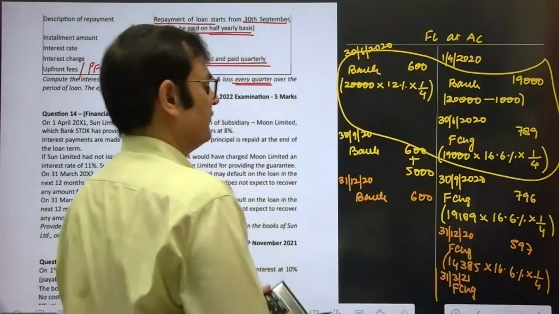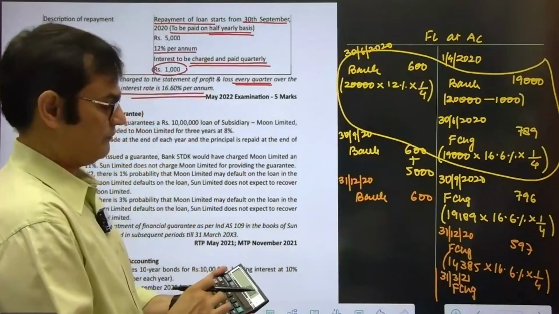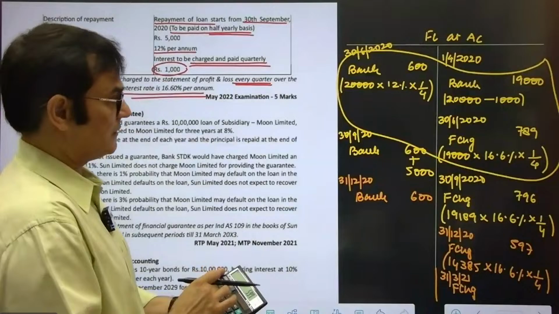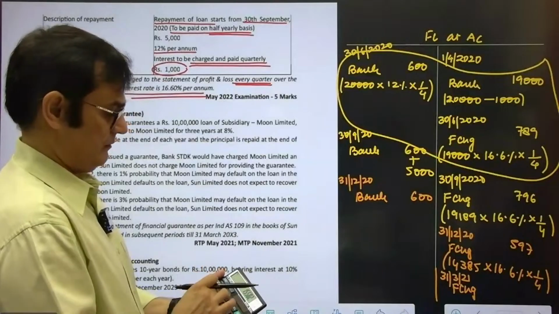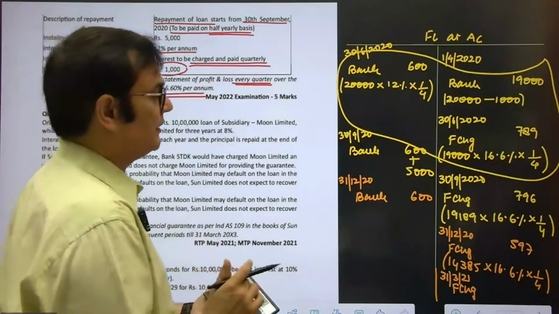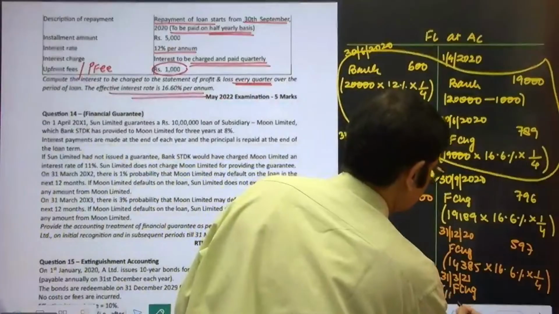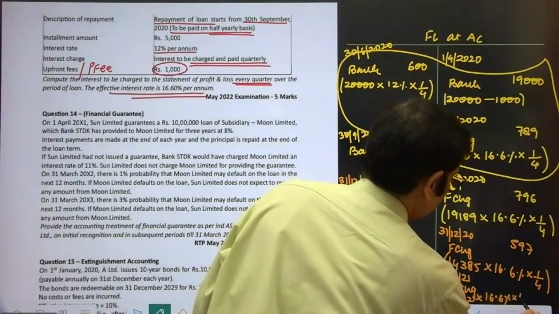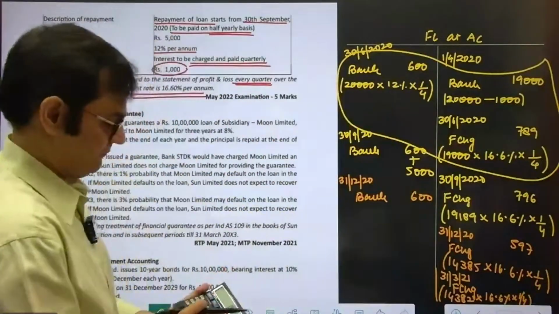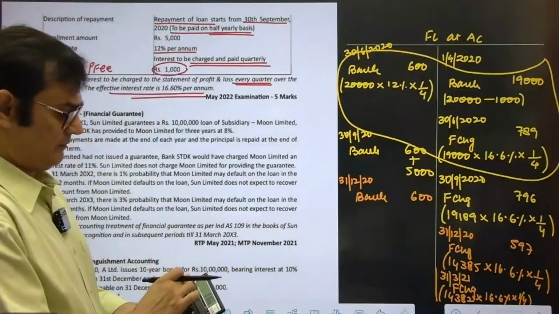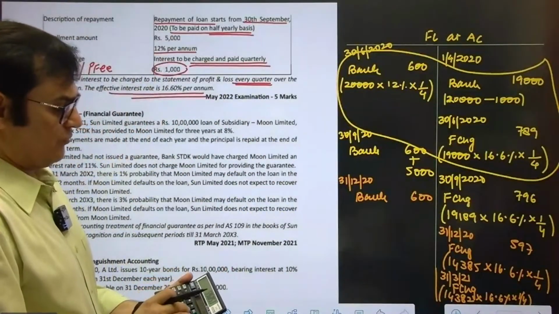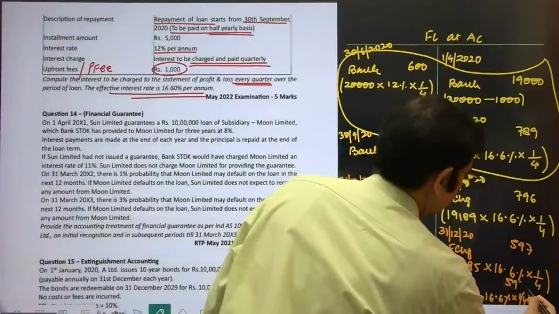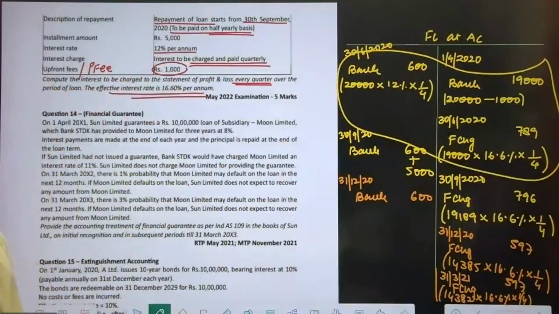Let's see what is the balance. 789, 796, 597. 14,382, I guess. At the rate of 16.6 for 1/4 of the year, I guess around 597 again. This comes to 597 once again.